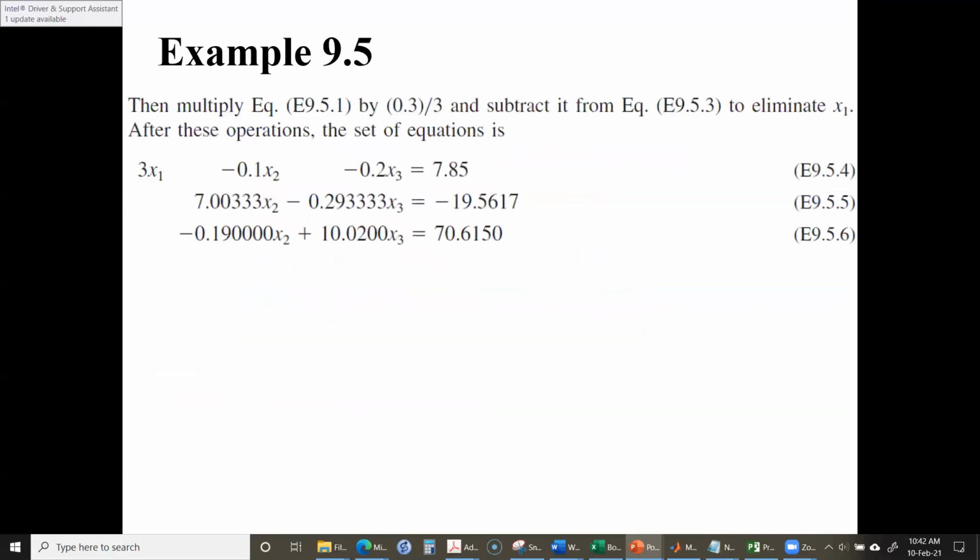In this case, the first equation will remain the same.